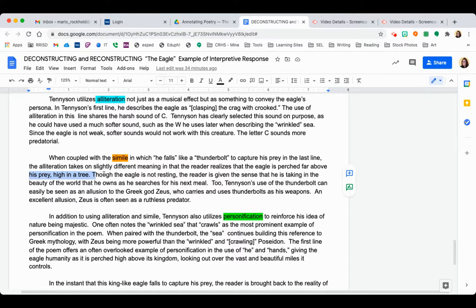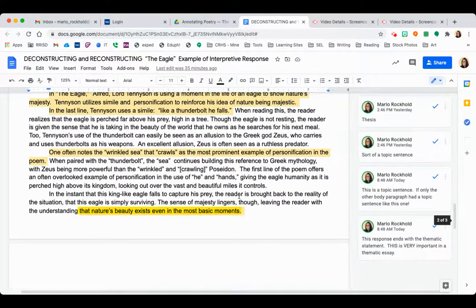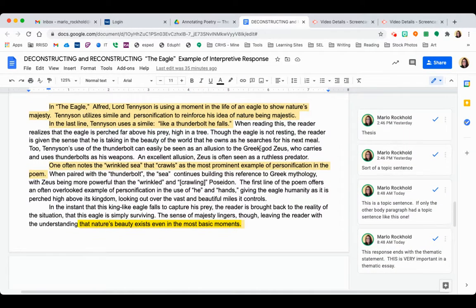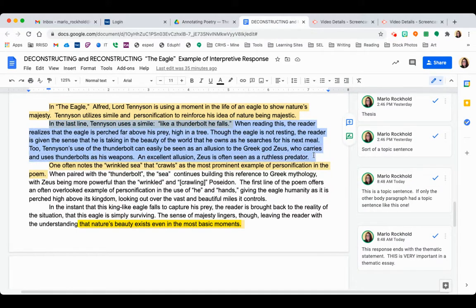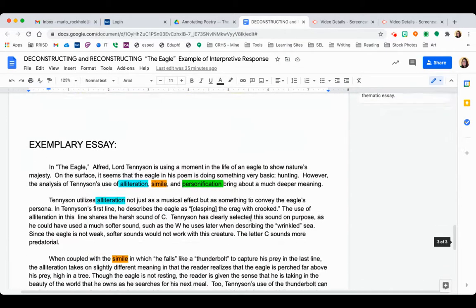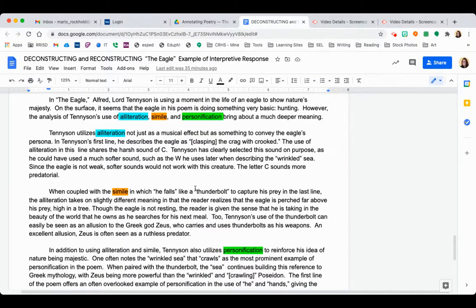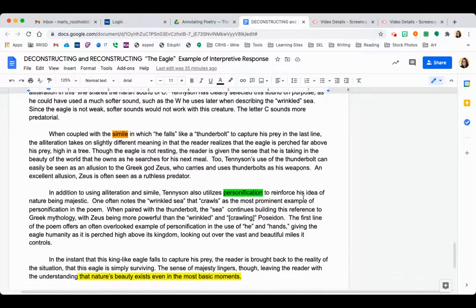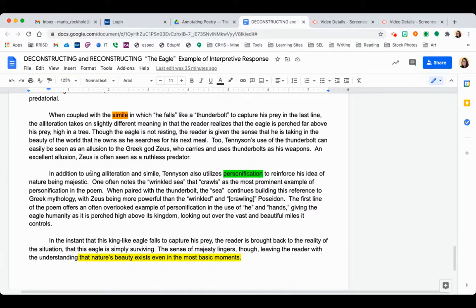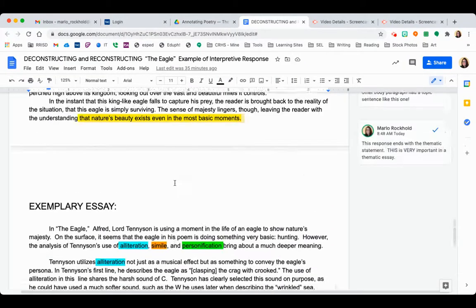So that's good. And then really none of this has changed from the previous particular response. In fact, you can take a look at that and see that it's very similar to this particular paragraph. Okay. It's not exact. I did embed the text evidence a little differently, but it is very similar. Okay. And then I do have an addition to using alliteration and simile.